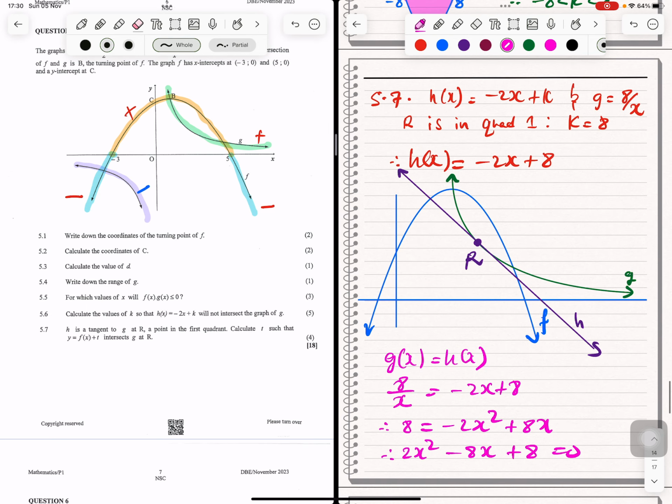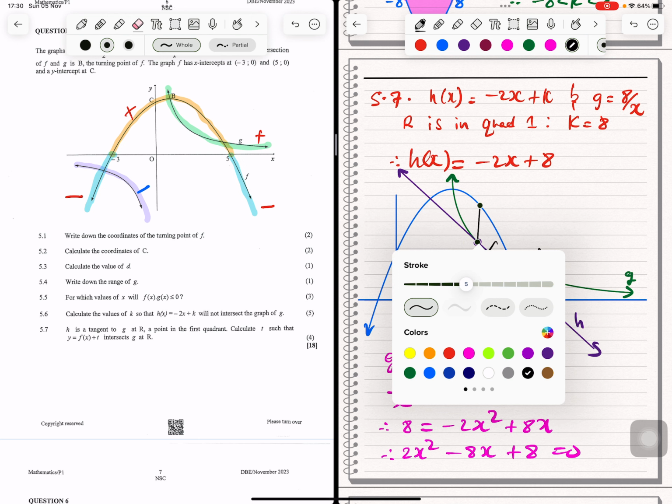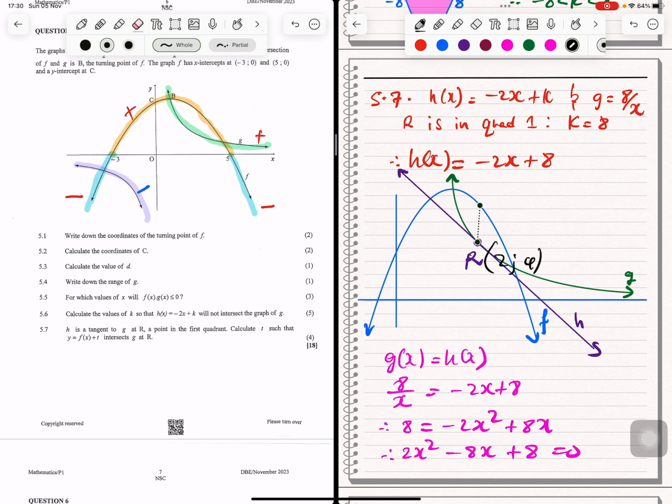Or the other way to do this is to have the coordinate of R. So R is at 2. I'm just trying to do some imagination here. R would be (2, 4). So now, if you look at that distance here, what is the point here? That is another way to do it. So it's to substitute 2 to get the point there.